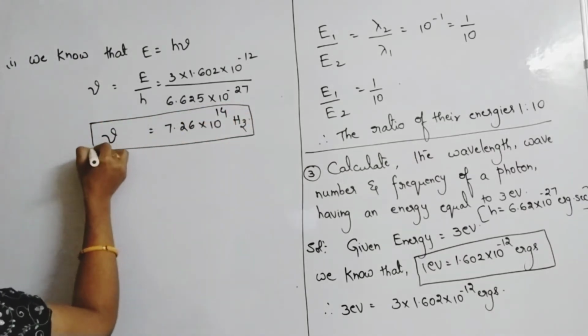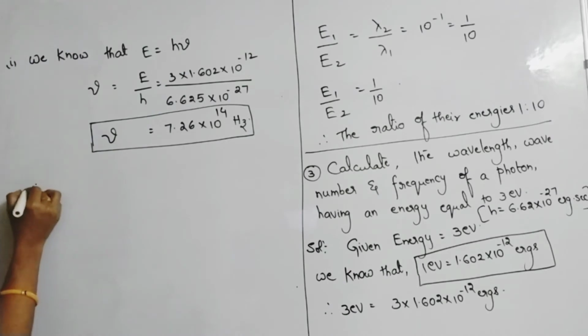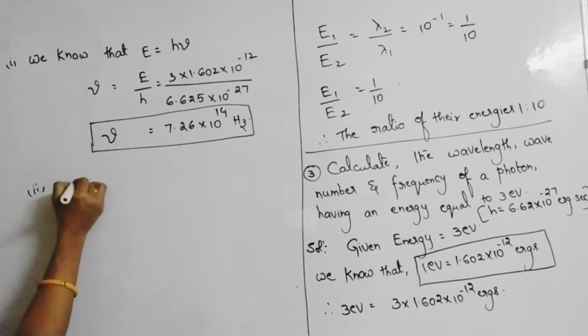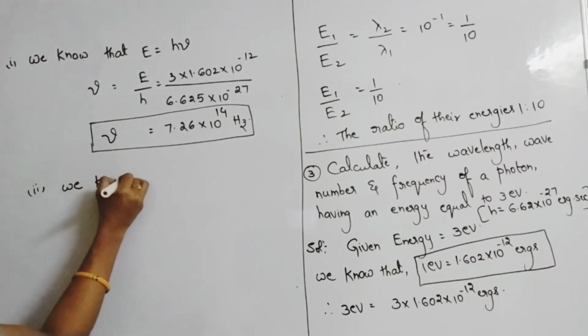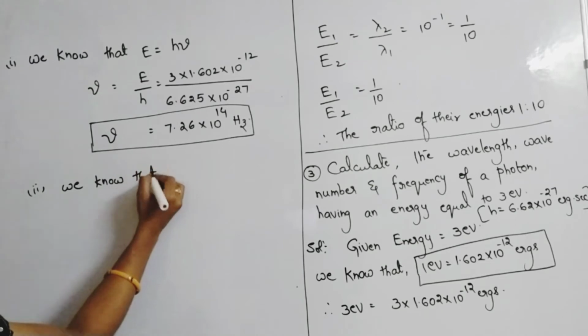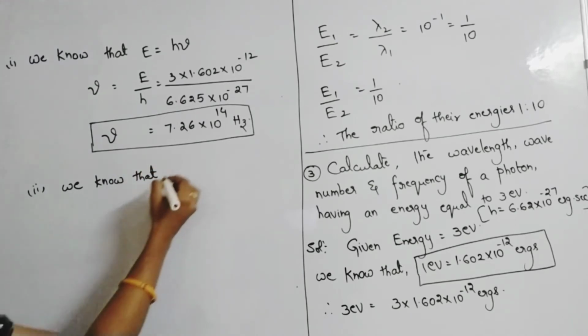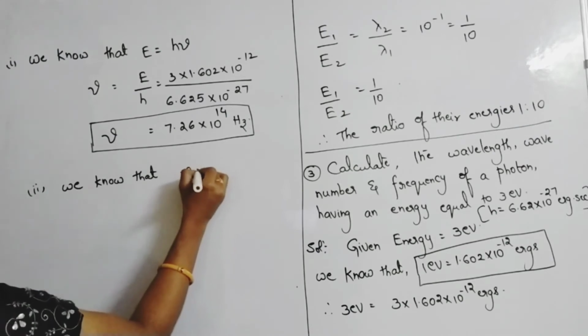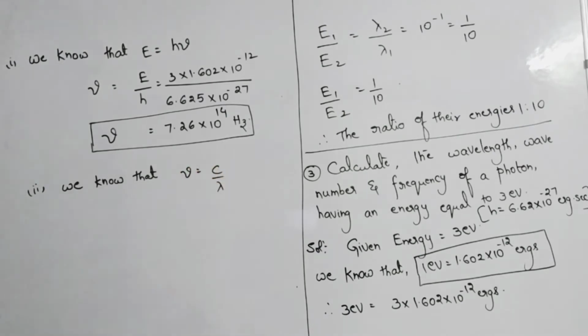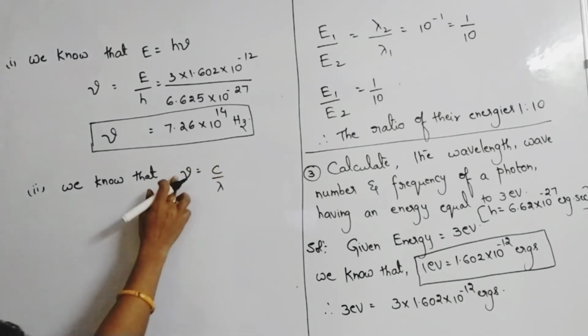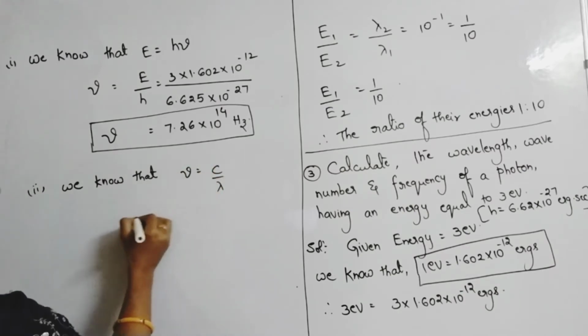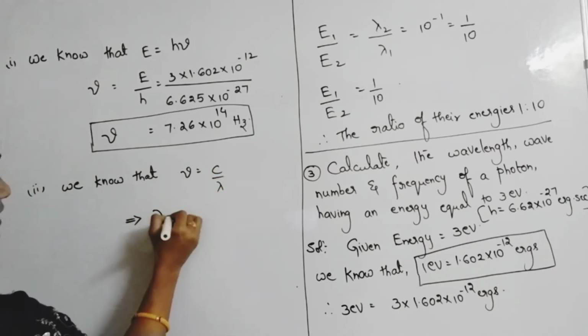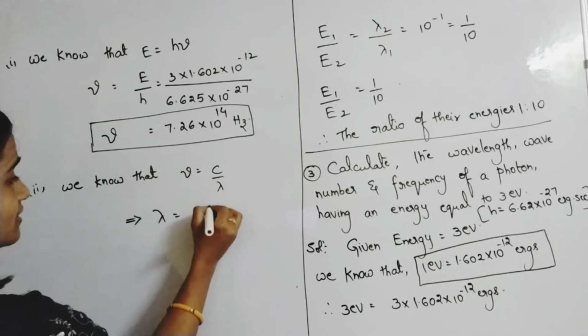This is first one. Next we have to find wavelength. Again we have to write the relation. We know that nu is equal to c by lambda. So from this, if you want to find lambda, you can bring nu to the denominator.